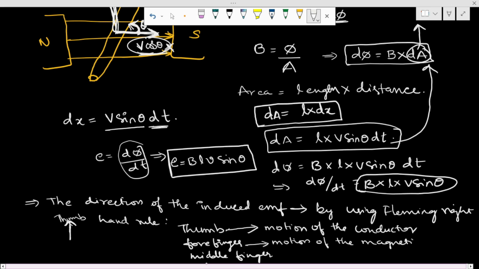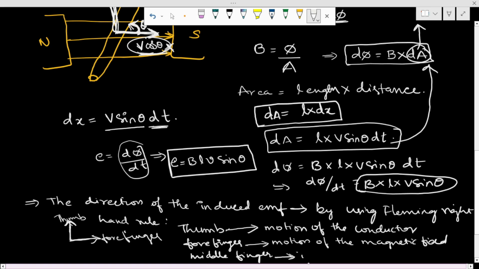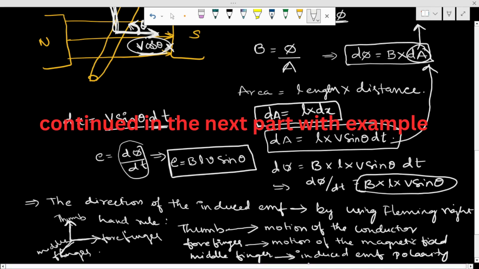The middle finger, which is what we require, shows the induced EMF polarity. This is Fleming's right hand rule. Let us see with an example how Fleming's right hand rule is applied.